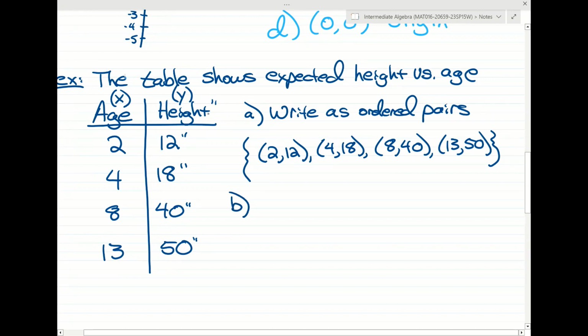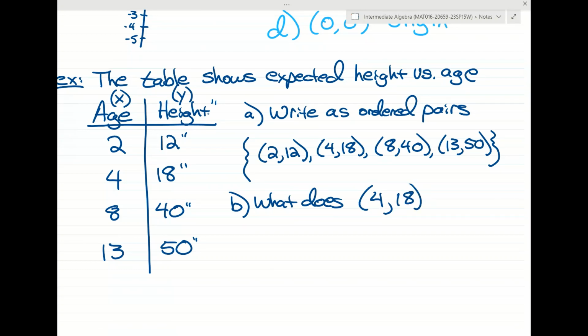Second question is, what does the point 4, 18 mean?